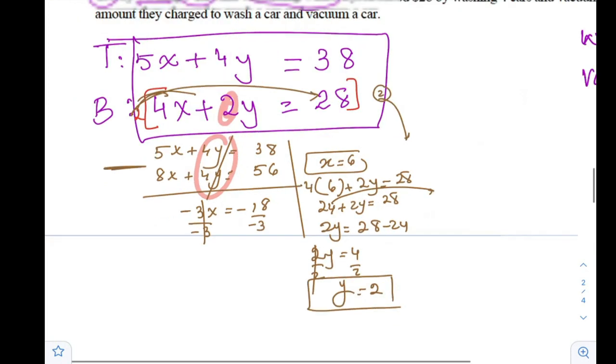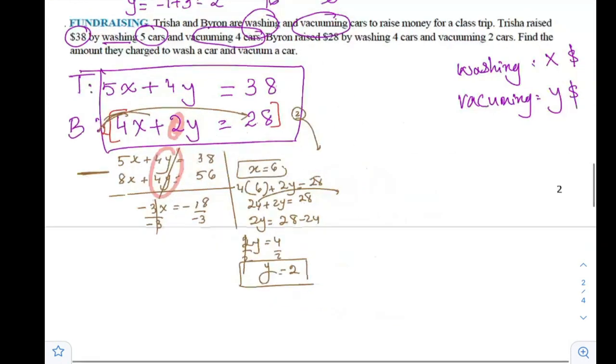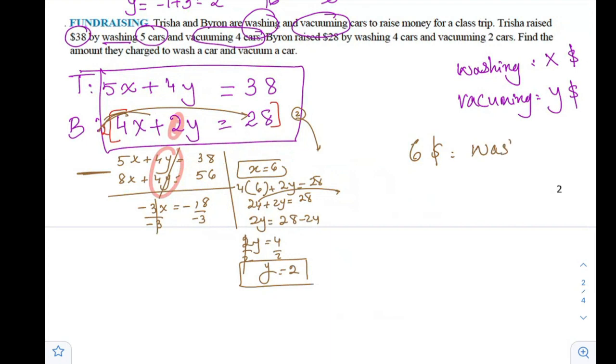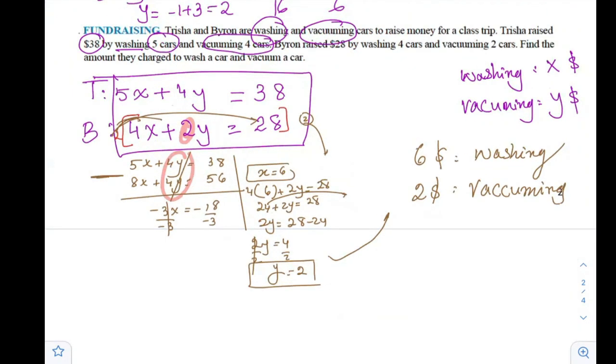Since x equals 6, that means washing is charged $6, and y is 2, so $2 for vacuuming. And this is one of the real-life applications.